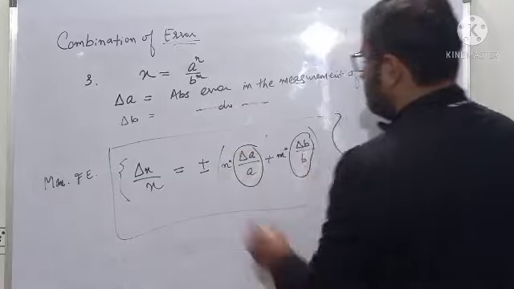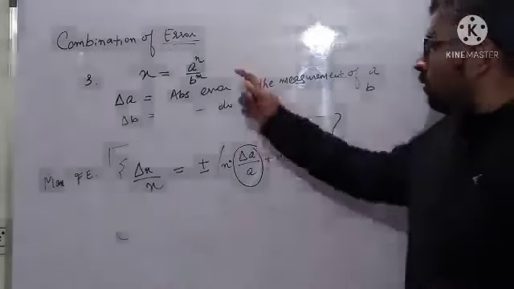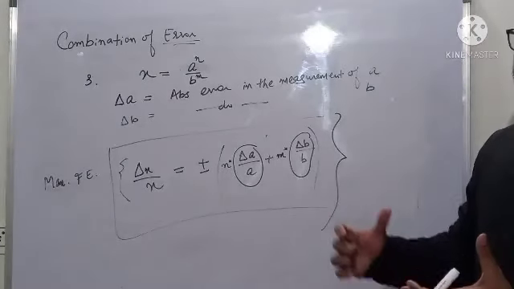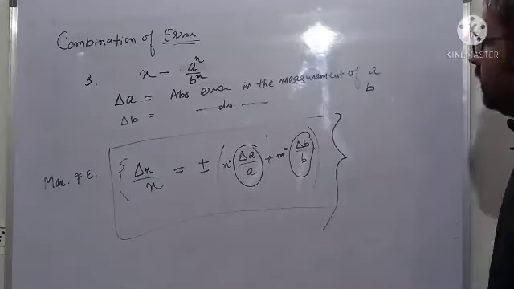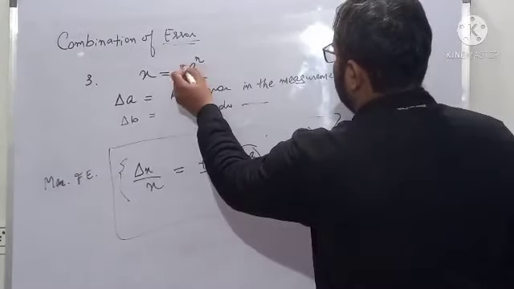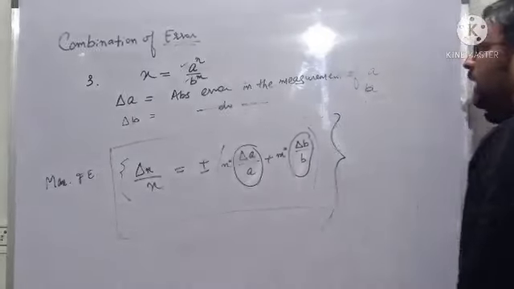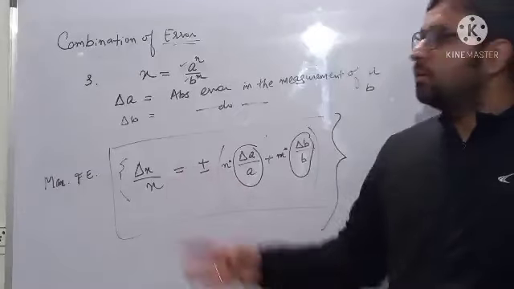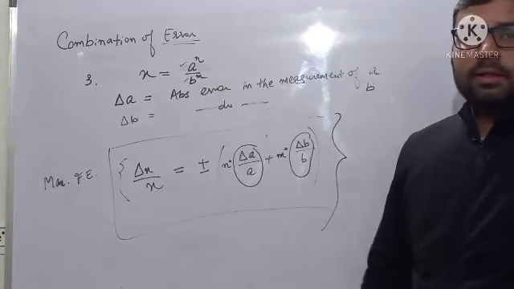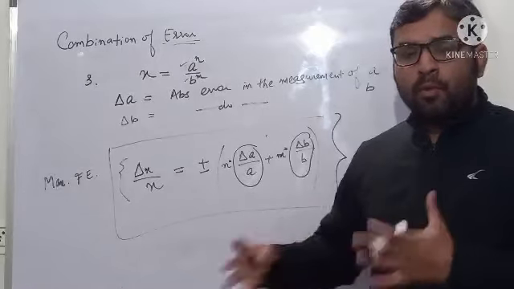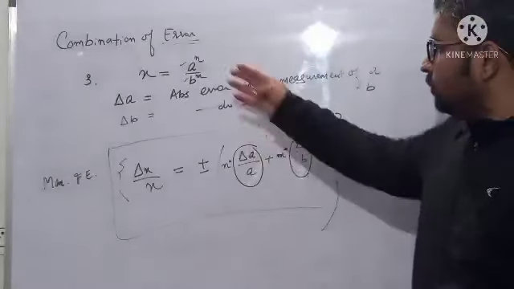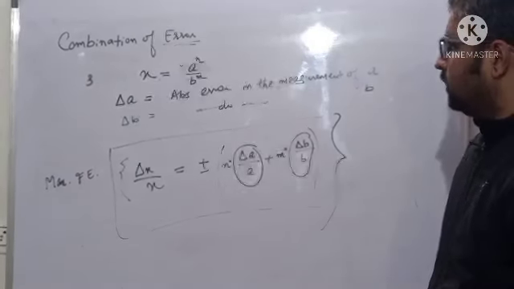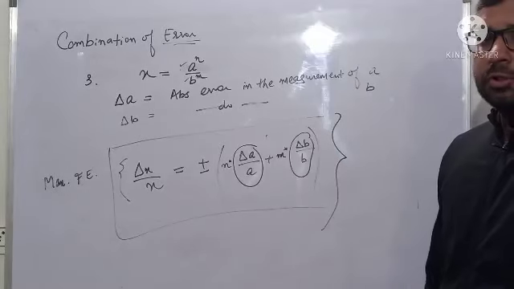So when the third physical quantity is raised to higher powers of the single physical quantities, then the error is multiplied. The third physical quantity which we get from this relation will be more erratic. It will have more error in comparison to the error in A and B. So this is the theory behind this combination of errors.